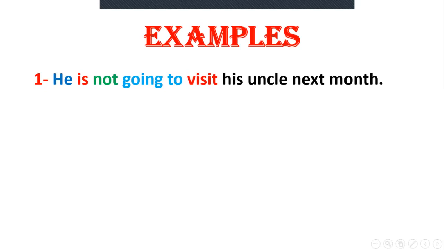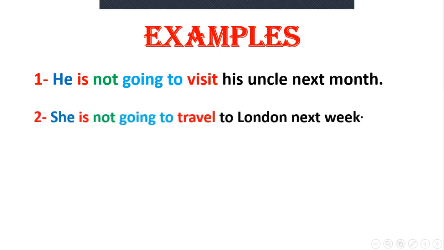Also here, my students, take care of that. We use the verb visit in infinitive after going to. Look at example number 2: She is not going to travel to London next week. Here we use not after verb to be is. She is not, and here we use going to plus verb in infinitive.